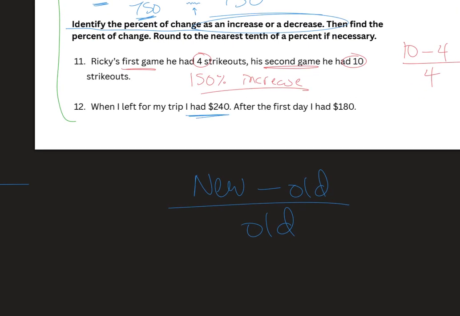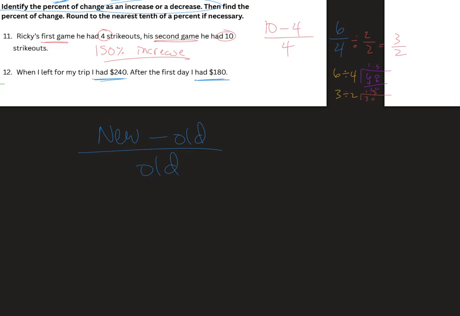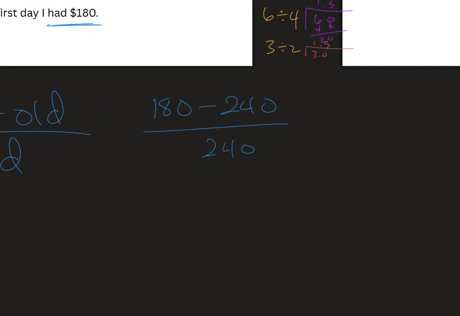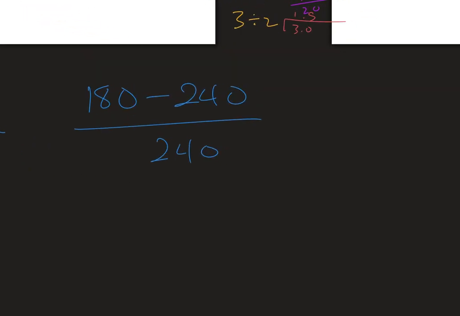When I left for my trip, I had $240. After the first day, I had $180. So again, I'm thinking the new is $180, the old is $240 over $240. Some of y'all have broken down right here because you're like, let's see, $180 minus $240. How do I do that again?